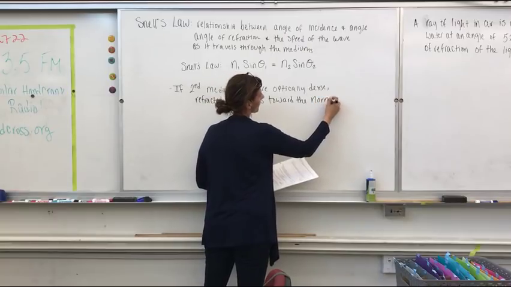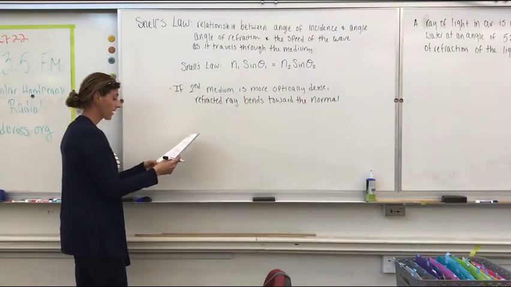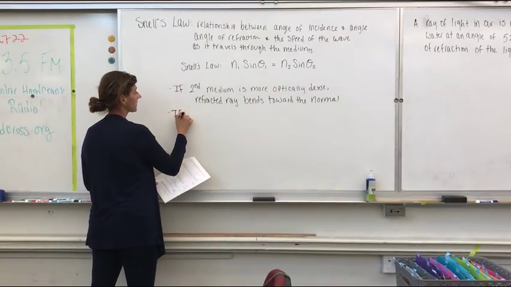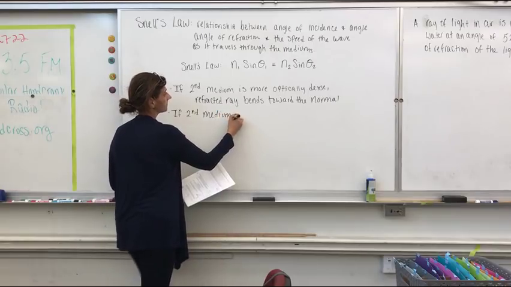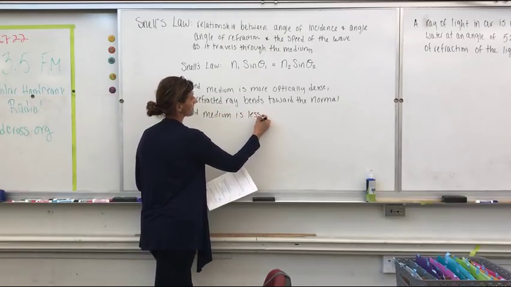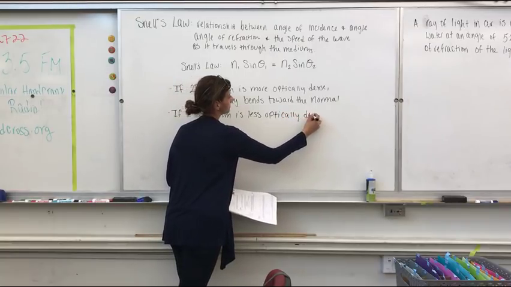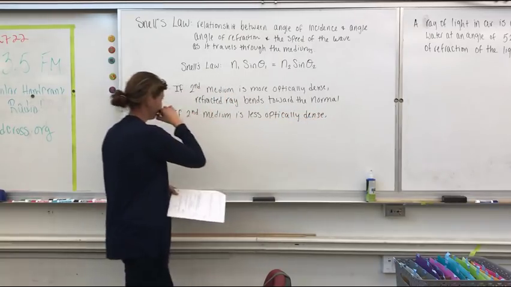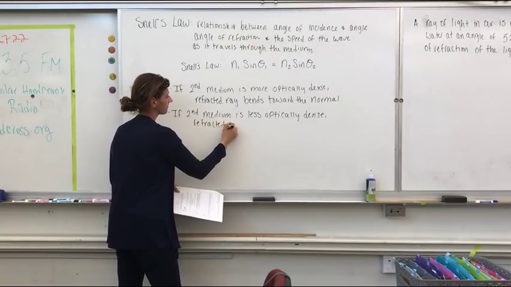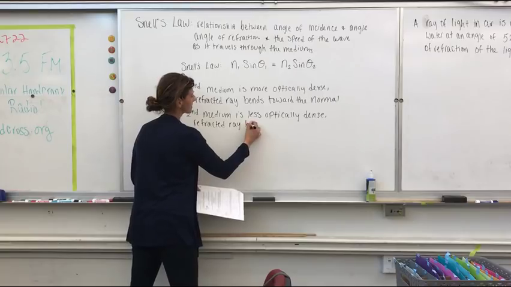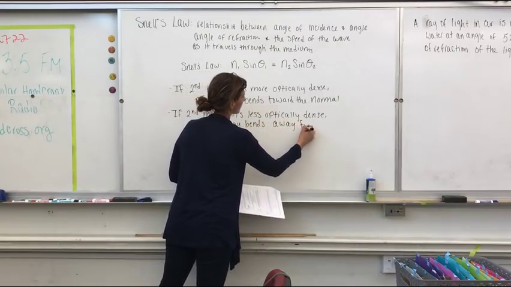And the normal is that vertical imaginary line. If the second medium is less optically dense, the refracted ray bends away from the normal.